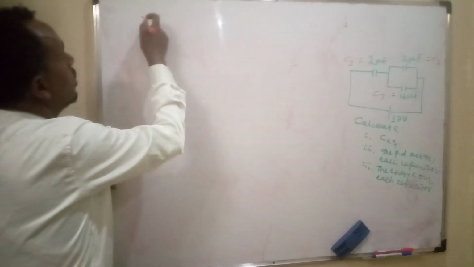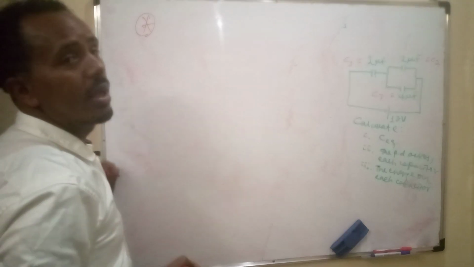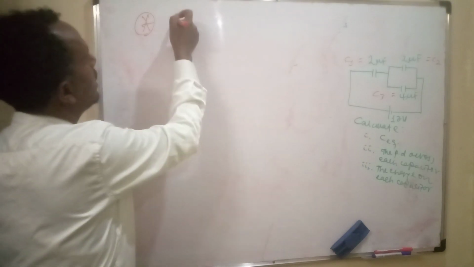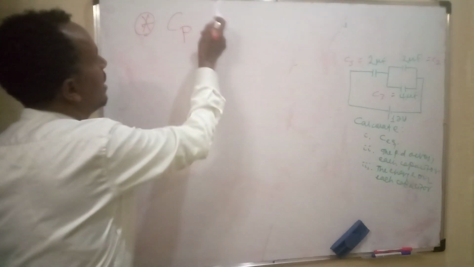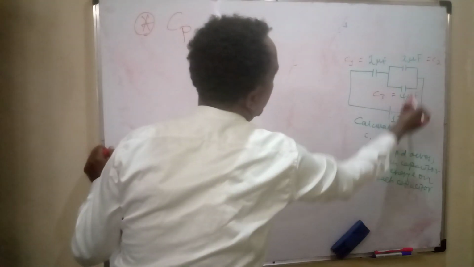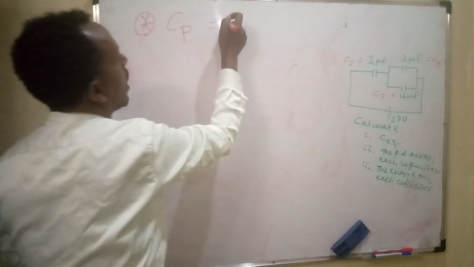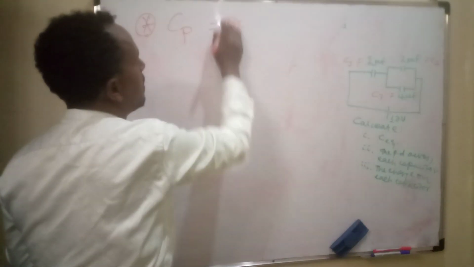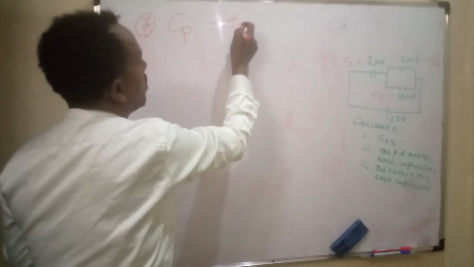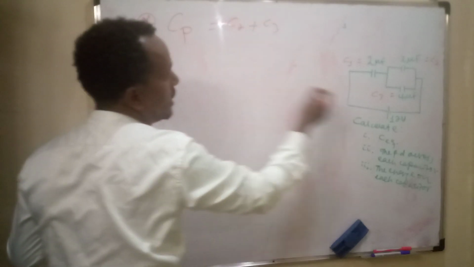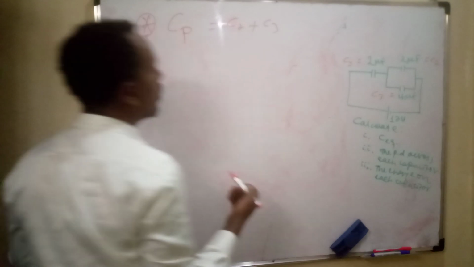To calculate the total capacitance for parallel connection, let's say C parallel, for capacitors connected in parallel, is simply the sum C2 plus C3. Capacitor 2 and capacitor 3 are connected in parallel.